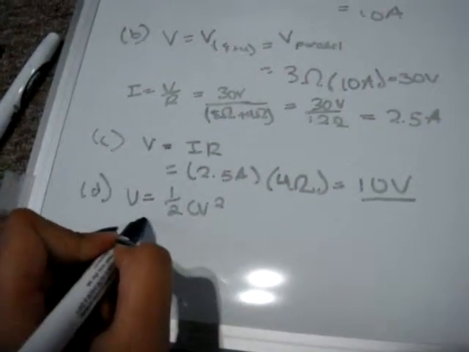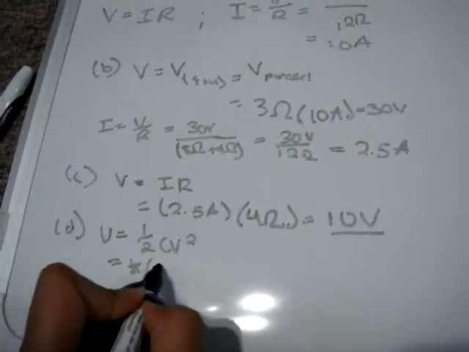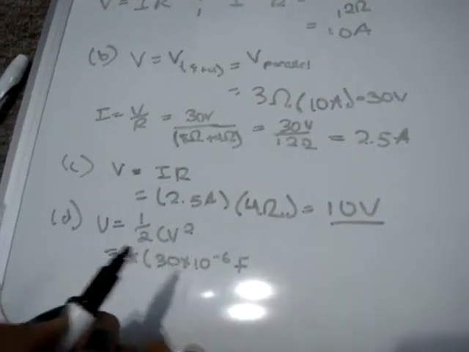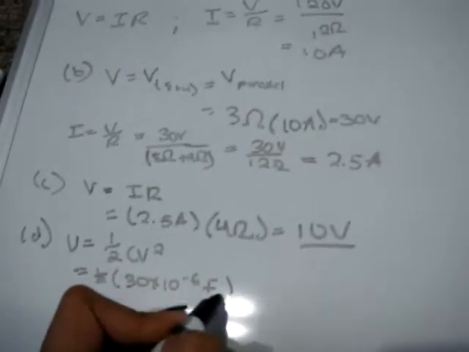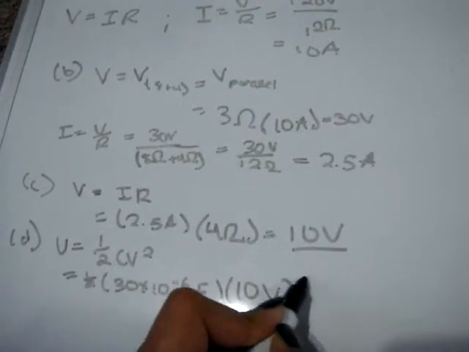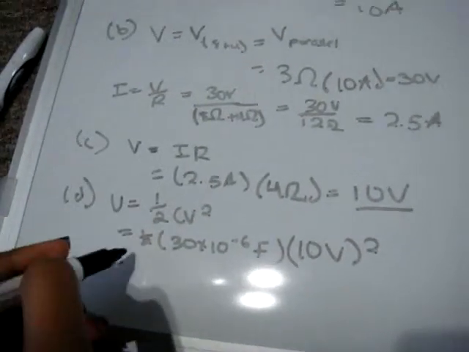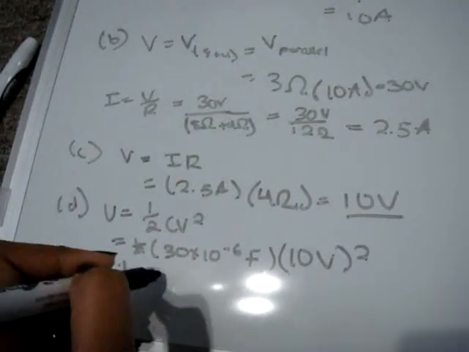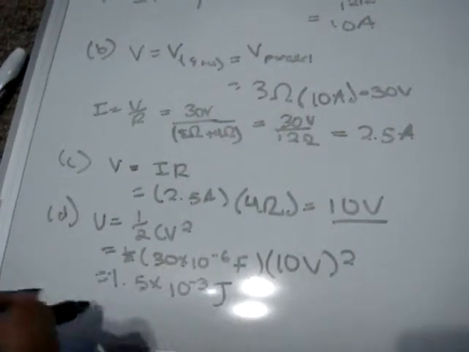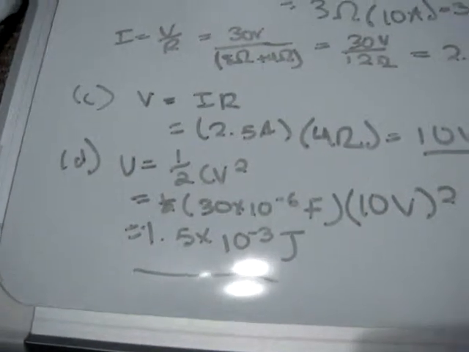So we have this equals 1/2 capacitance, which is 30 times 10 to the negative 6 farads, because it's a 30 microfarad capacitor, times the voltage, which is 10, which we found right here, 10 volts, squared. This, when it's all solved out, will give us 1.5 times 10 to the negative 3 joules. So that's our answer for the energy.